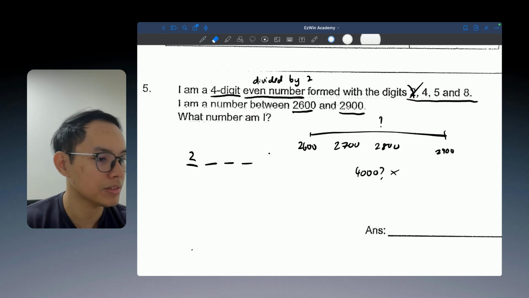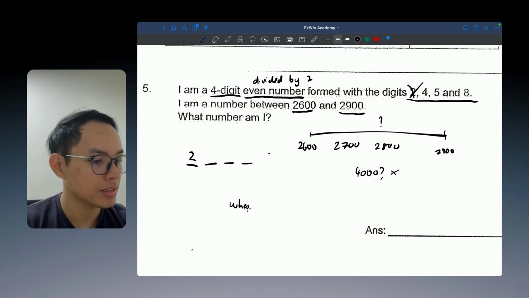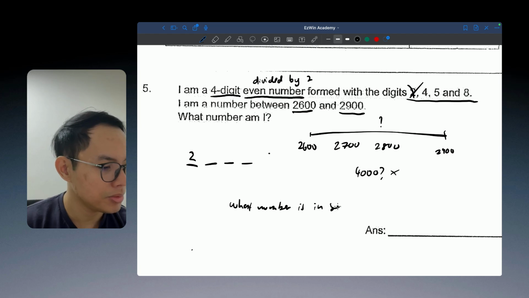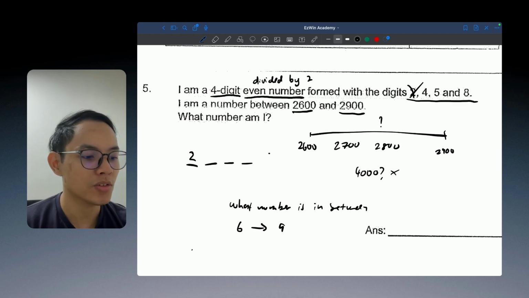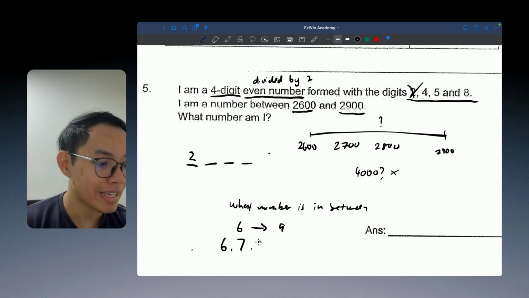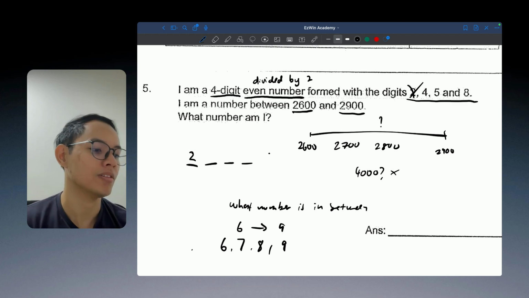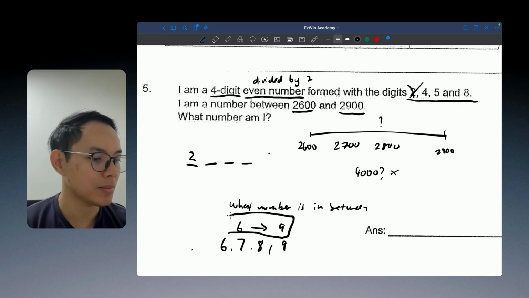To give you a sense, what numbers are in between 6 and 9? 6, 7, 8, and 9. So now we know the second number should be in between 6 to 9.